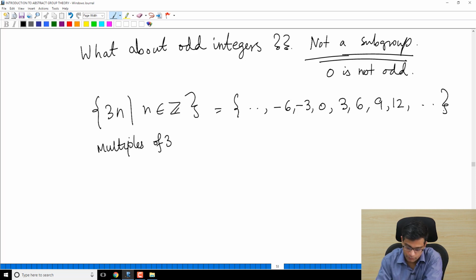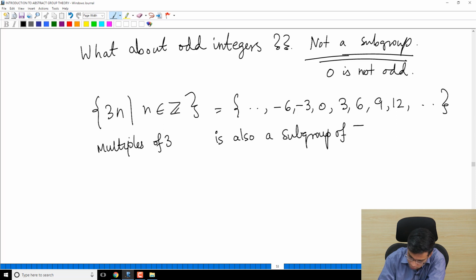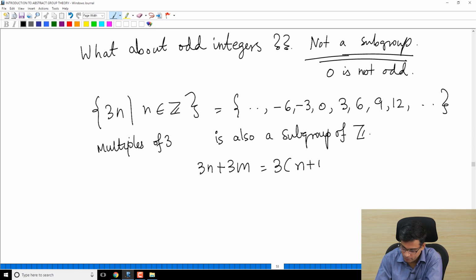This is also a subgroup of Z, because 0 is there, and the sum of any two things here will again be a multiple of 3. For example, 3 plus 6 is 9, which is also a multiple of 3, but more generally 3n plus 3m is 3 times n plus m. So, it is closed under addition, and the negative of a multiple of 3 is also a multiple of 3. So, it is a subgroup of Z.